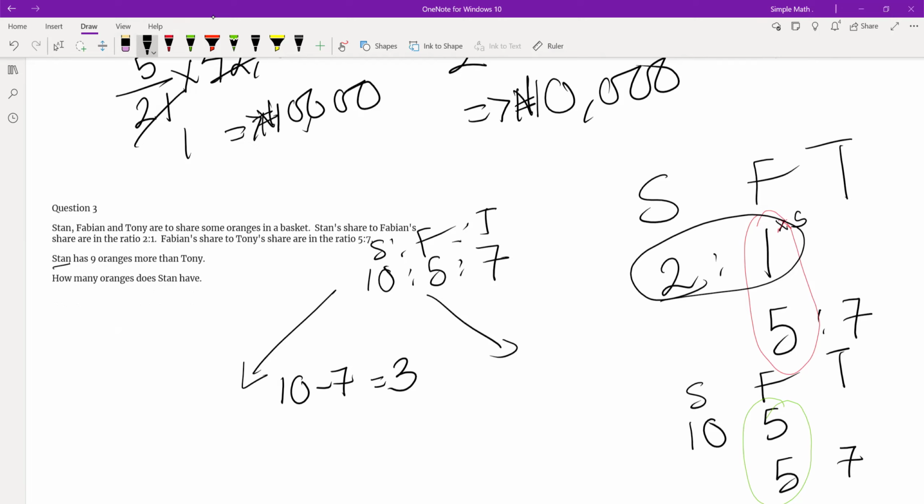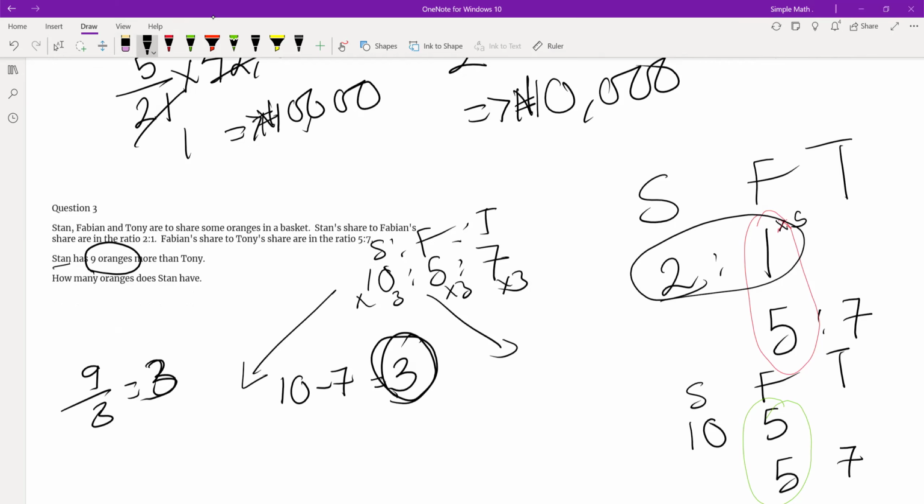Now we can divide the actual difference by the ratio difference. This is going to be 9 over 3. This becomes 3. So it means that the multiplier here is going to be 3. To get the actual amount, we just have to multiply every number here by 3.